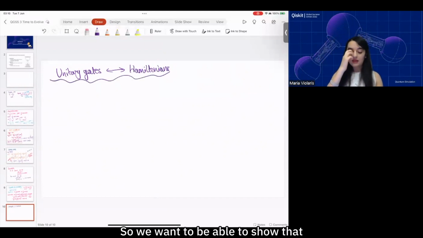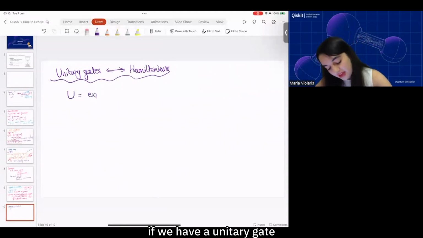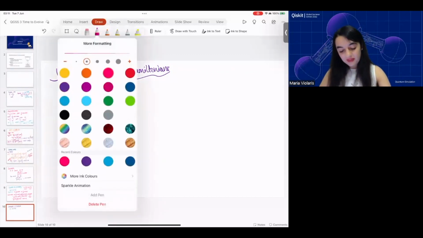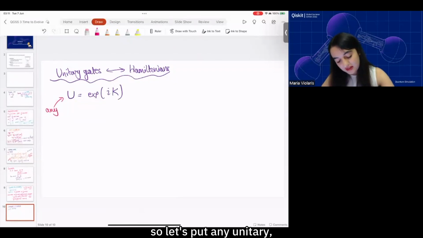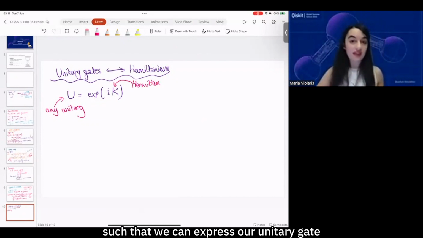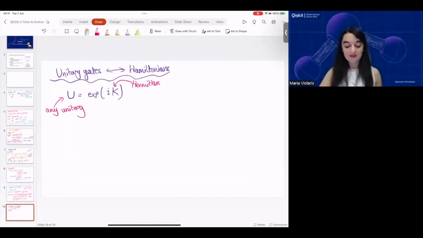So we want to be able to show that for any unitary gate, there is some Hermitian operator K such that we can express our unitary gate as the exponential of i times this Hermitian operator.